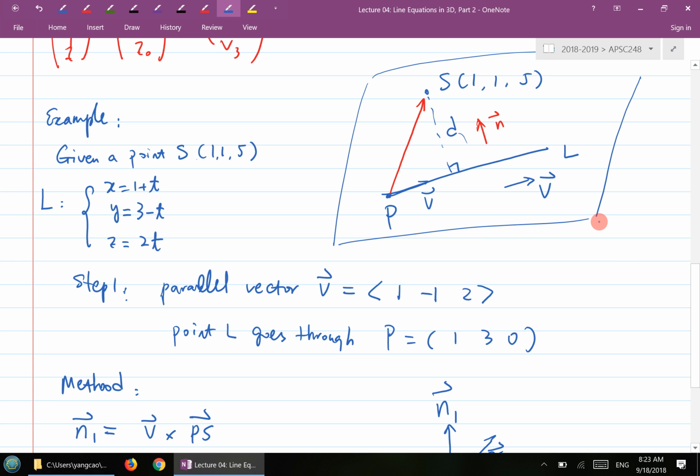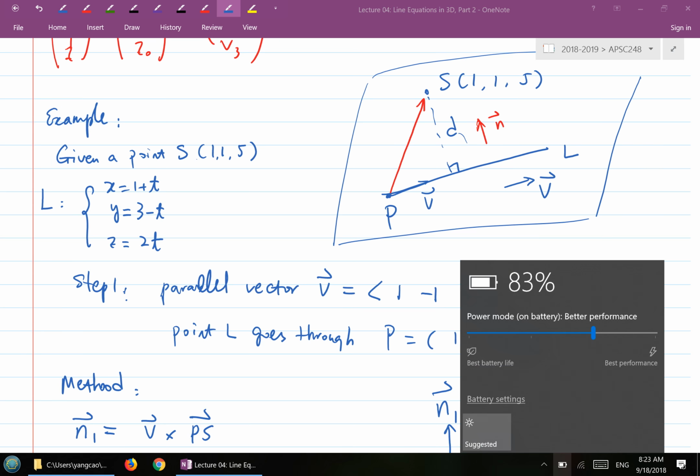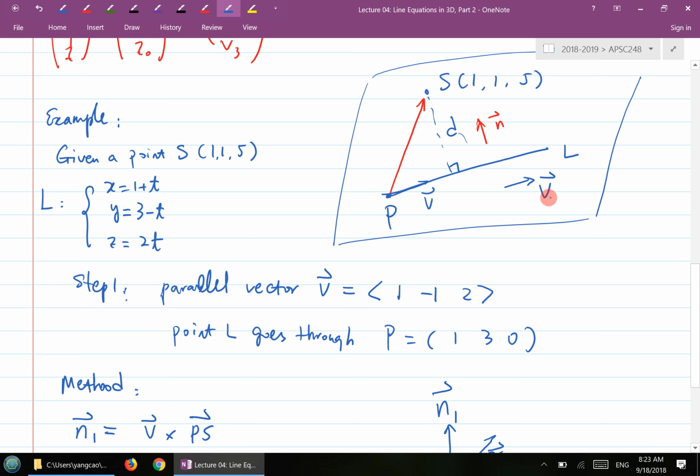Good? And then next step, remember the objective is to get a vector pointing this way. Now you get a vector perpendicular to the plane, which is also perpendicular to the V here.